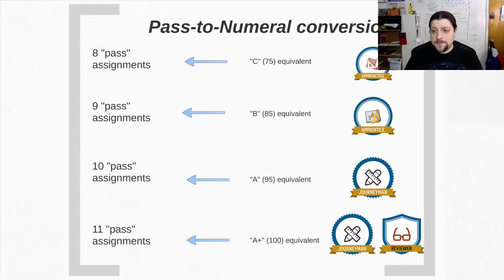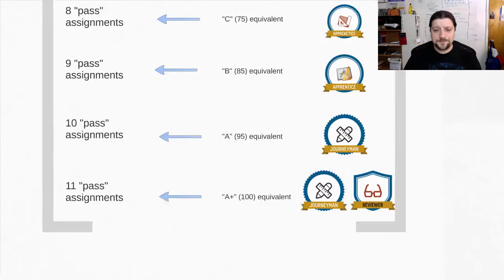The reviewer here kind of seems like it's optional, but I really want you to do peer review. I think it's a very good opportunity to both learn how to do good feedback, but also how to receive feedback and incorporate that in your design.